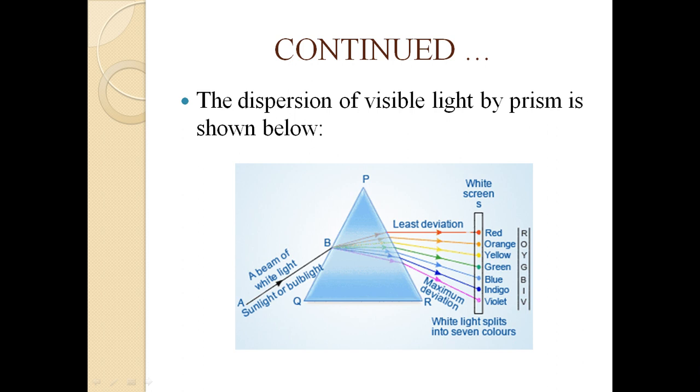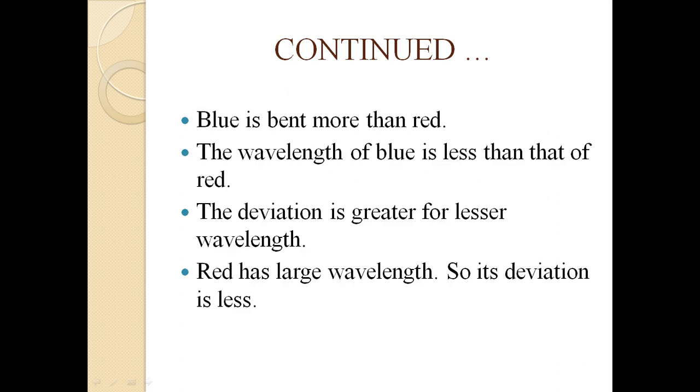White light is split into 7 colors. From the above diagram, you can see that the blue light is bent more than red. The wavelength of blue is less than that of the red. The deviation is greater for lesser wavelength. Red has large wavelength, so its deviation is less.